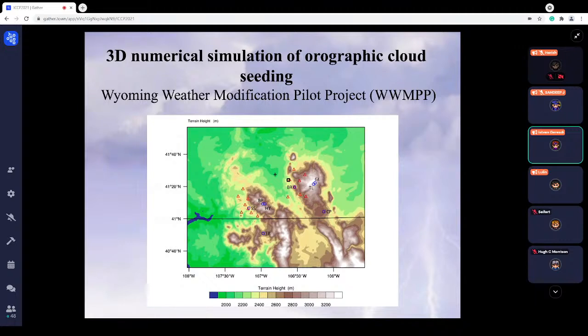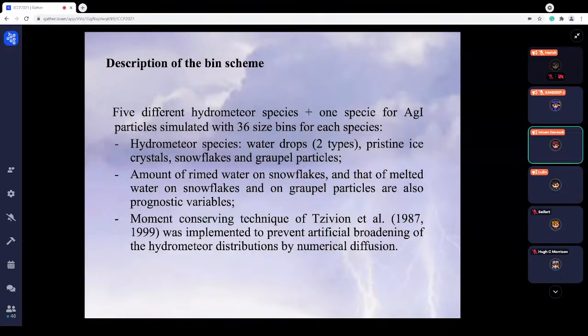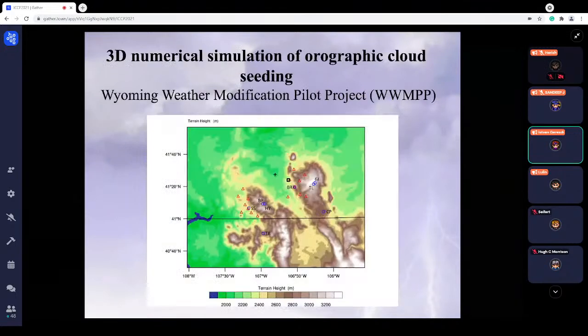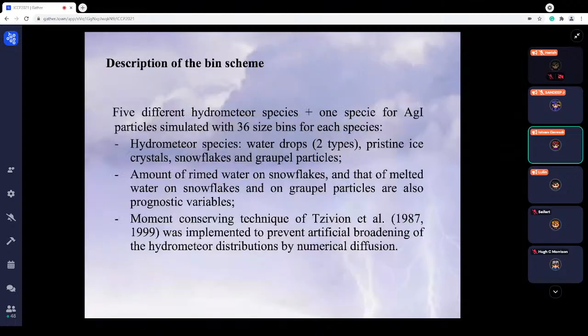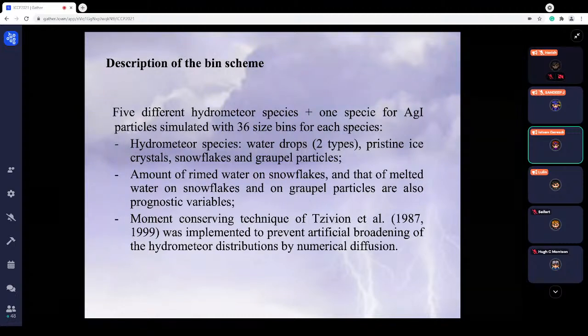So it is a simulation of the impact of AgI seeding. This project was a part of the Wyoming weather modification pilot project. The microphysics scheme was implemented into the WRF, and we used the WRF to make a 3D simulation about how the seeding can impact the amount of the surface precipitation.